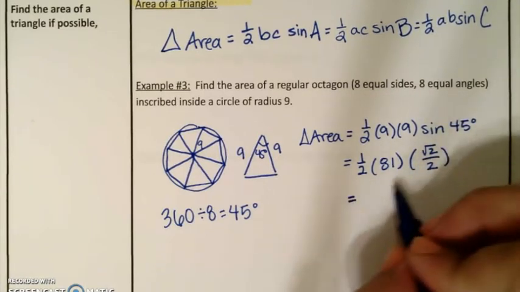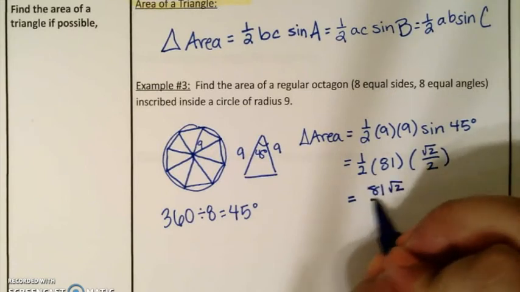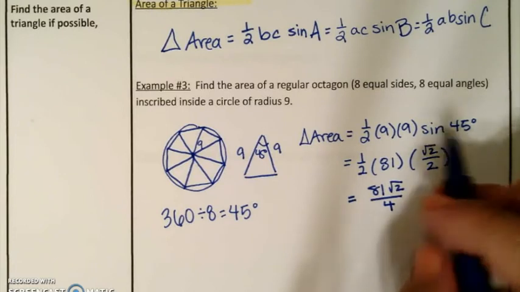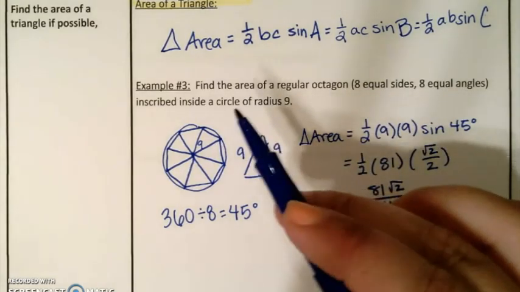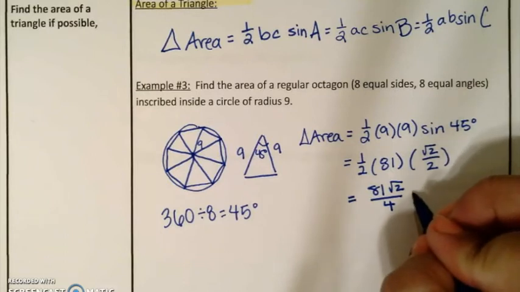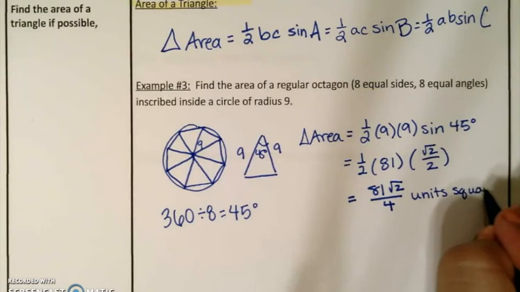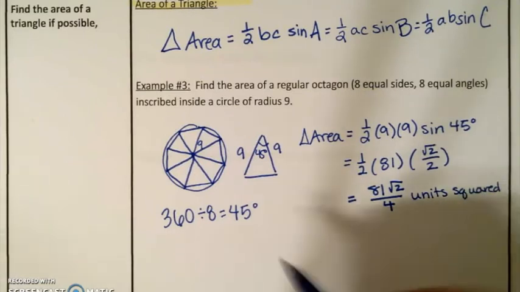So each triangle has an area of 81 times the square root of 2 divided by 4. And we don't have units here, so this is units squared, or square units.